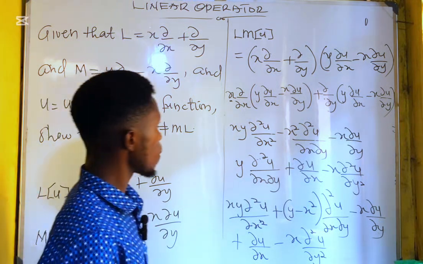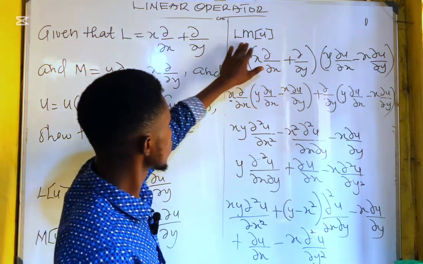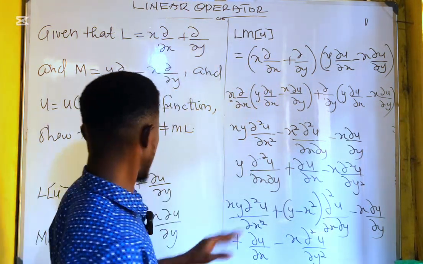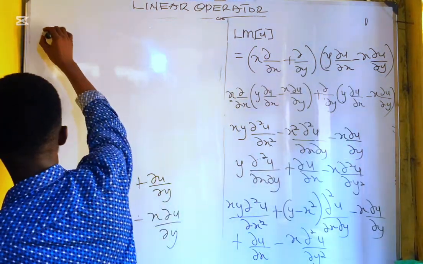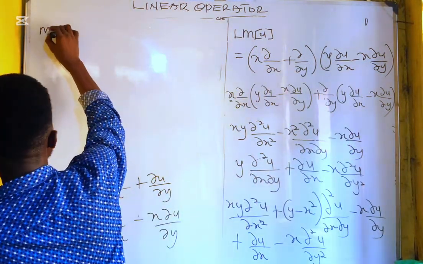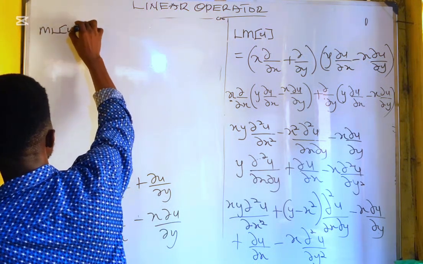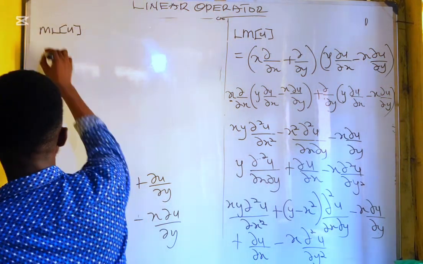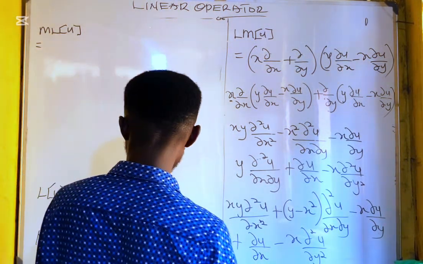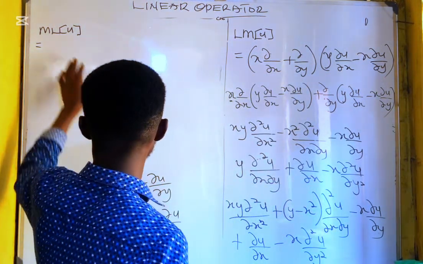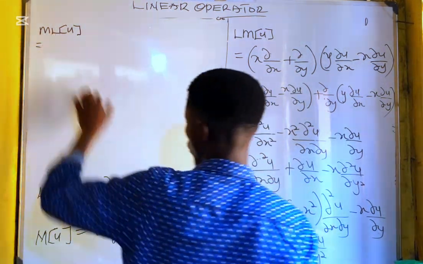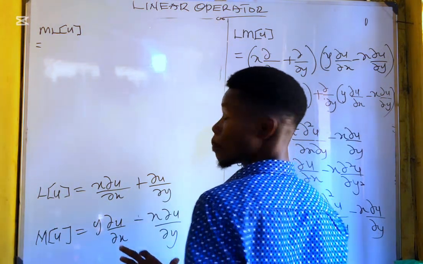Now let's prove the ML. So we are going to prove that one. We are going to look at MLU. So this time around, the operator is going to be on L. Okay, so we are going to write the M operator.